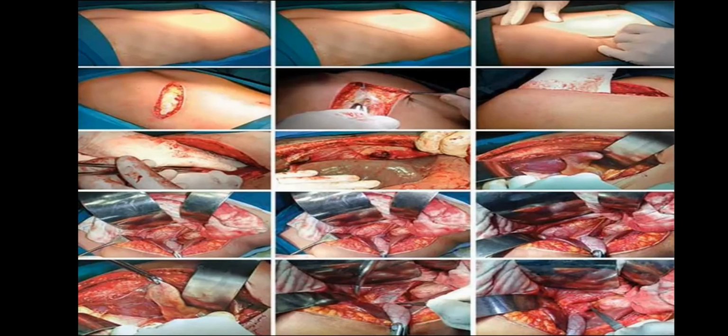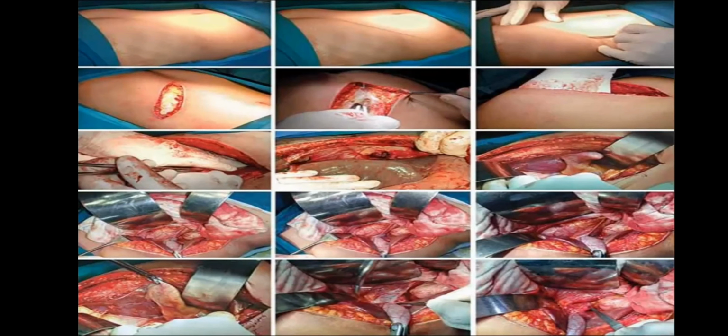Then exploration is done. Then we are pulling down the liver, and the gallbladder is exposed, with proper retraction of the liver.